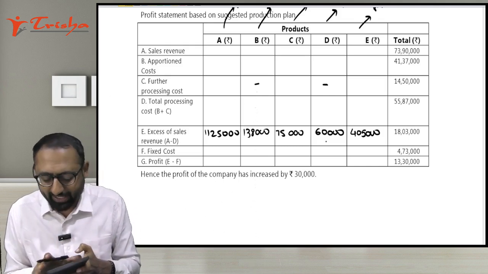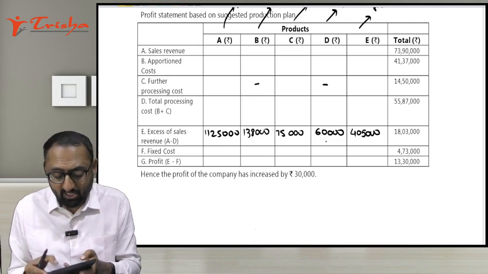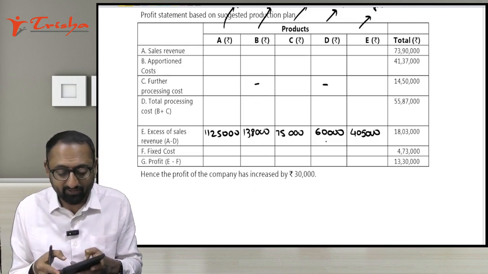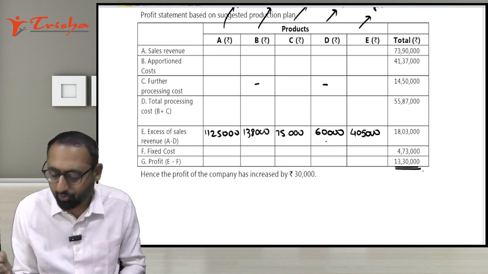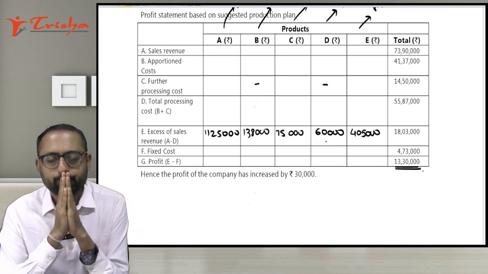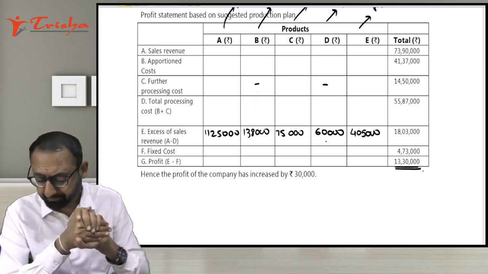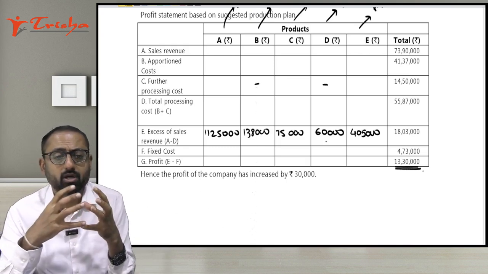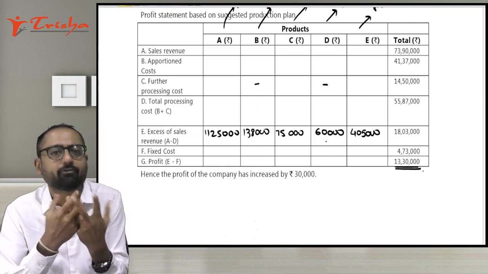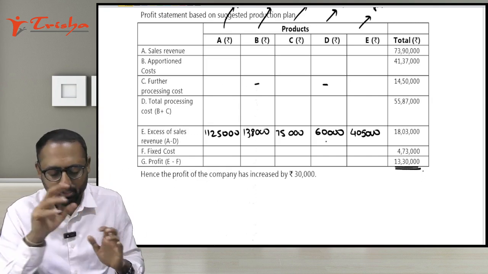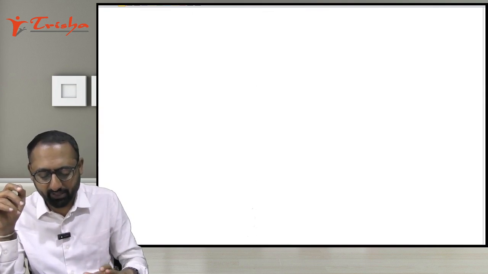Your total comes to 18,03,000 minus 4,73,000, which is the fixed expenses. Now 13,30,000 is your new profit, right? So you have compared which product is sold at the split off and which product is further processed. On the basis of higher profitability, take the decision. So here we have completed the practical question.